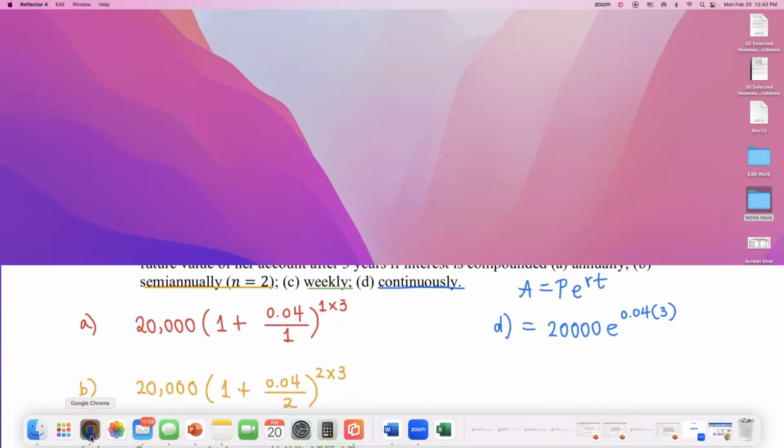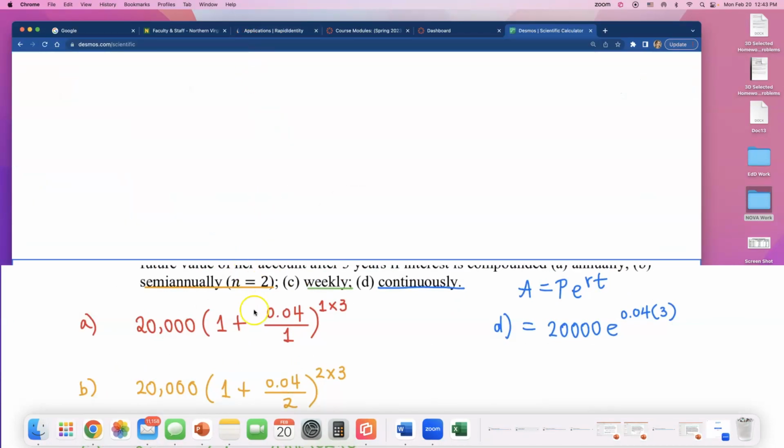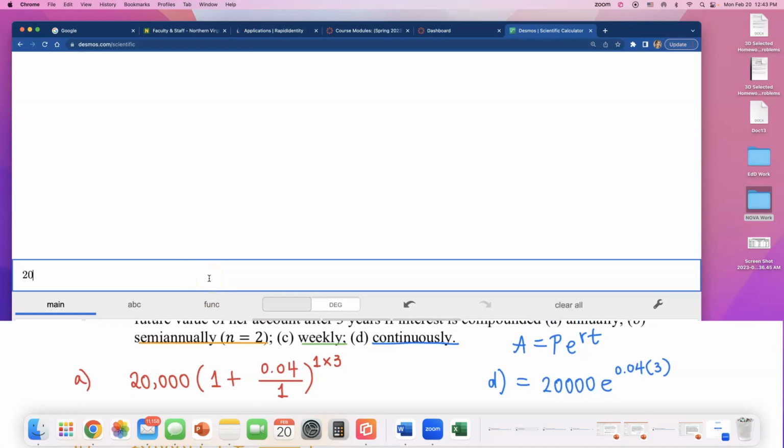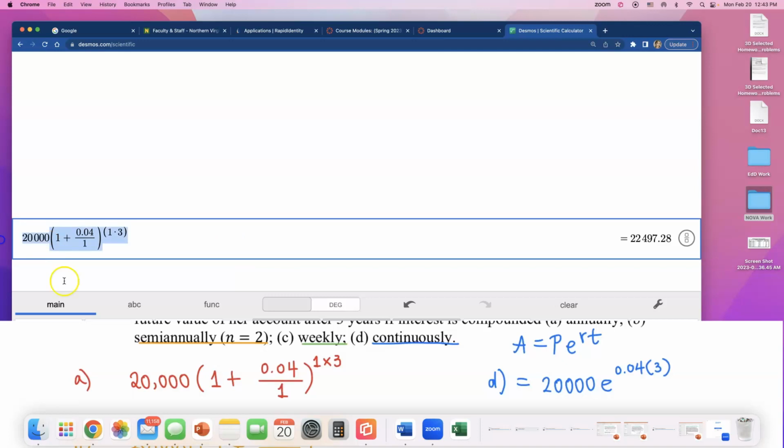So here we go. Let me just open up a Desmos Scientific. Okay, so starting with 20,000 times 1 plus 0.04 divided by 1, and I'm raising it to 1 times 3rd power. I really don't have to, but I'll just keep the same format. So look, that's the answer for the first one.